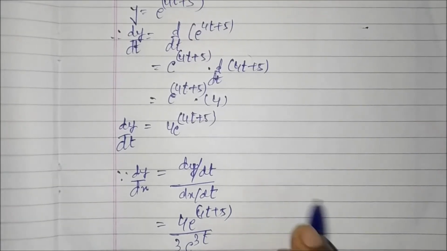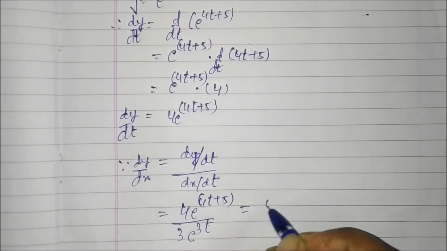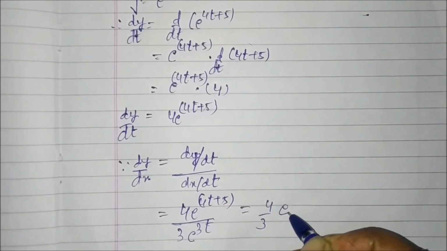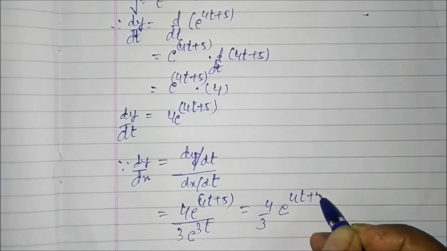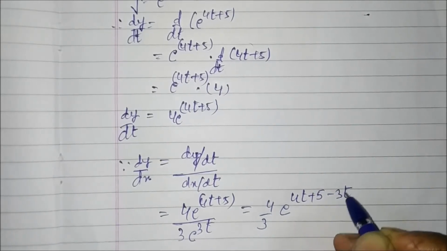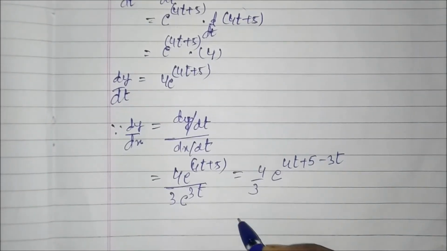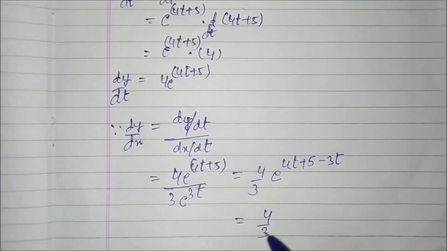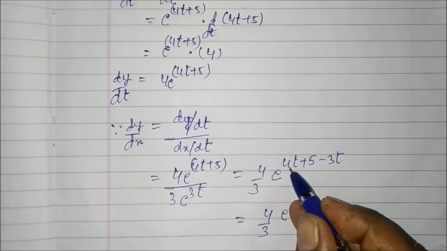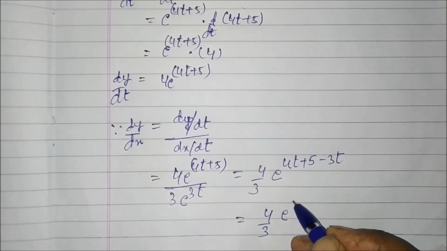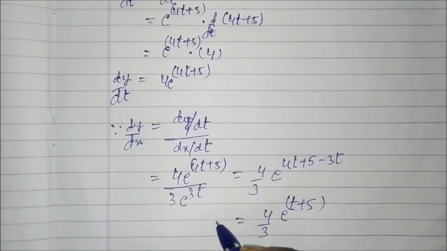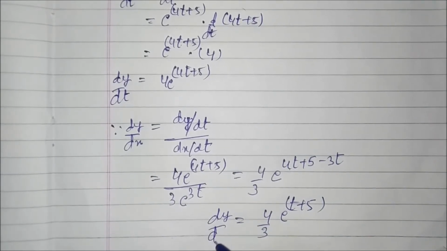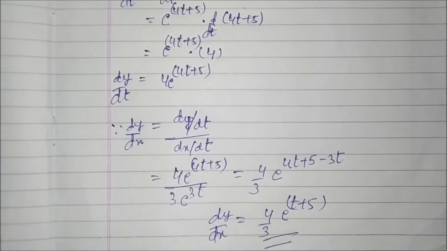Okay, this can be written as 4 by 3. Now the bases are the same, so the powers will be subtracted. And this will be equal to 4 by 3 e raised to 4t minus 3t plus 5. Okay, this is your dy by dx, and this is the final answer.